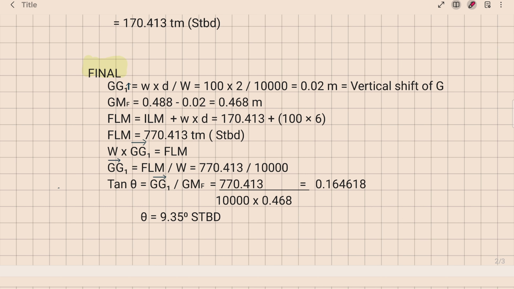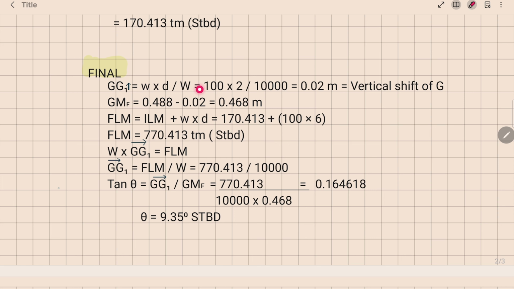The shift of cargo has taken place horizontally as well as vertically upward. So vertically upward, what will be the shift in center of gravity of the vessel due to this shift of cargo? So GG1 vertically upward will be vertical moment divided by displacement.